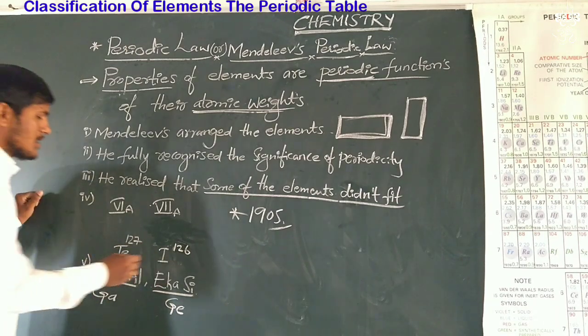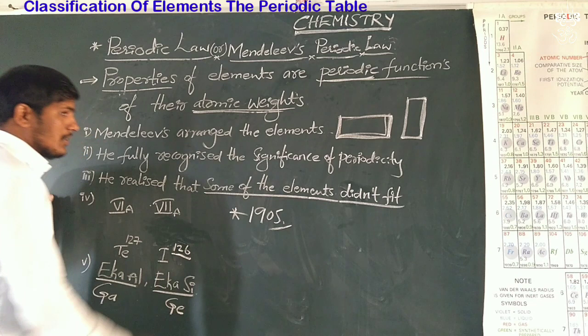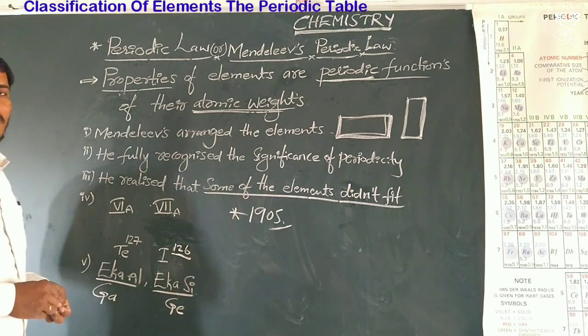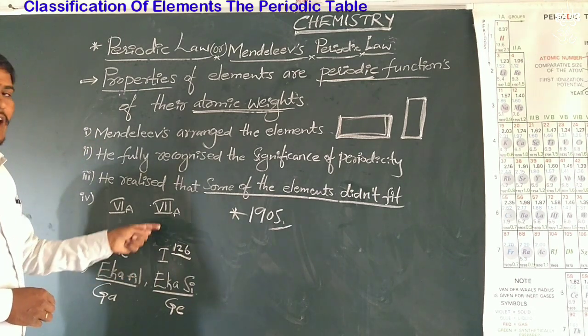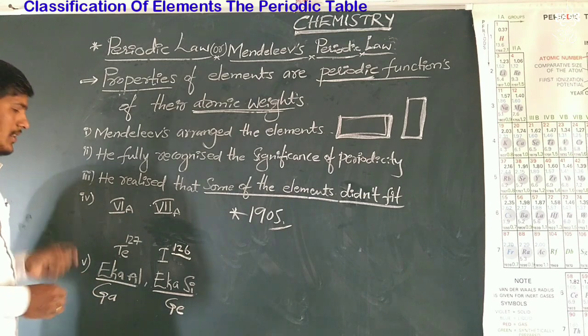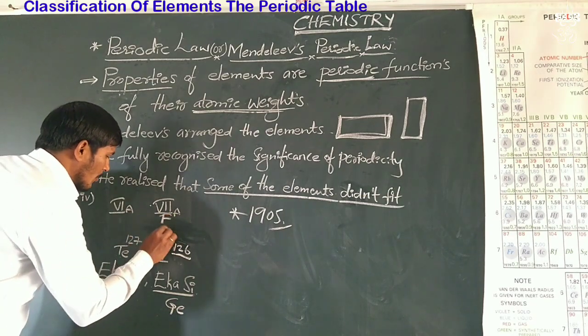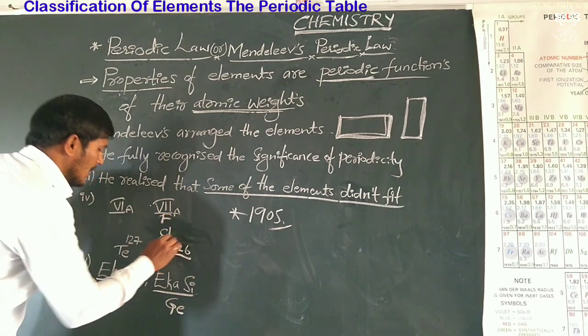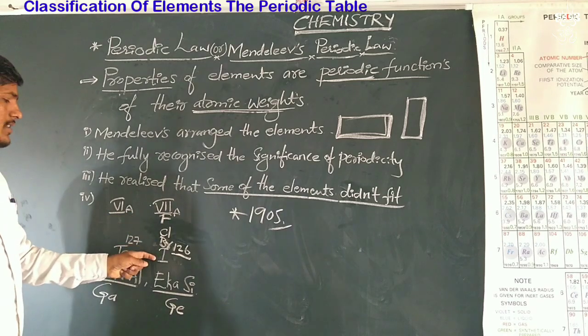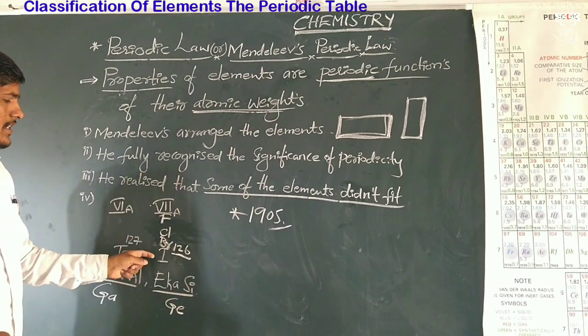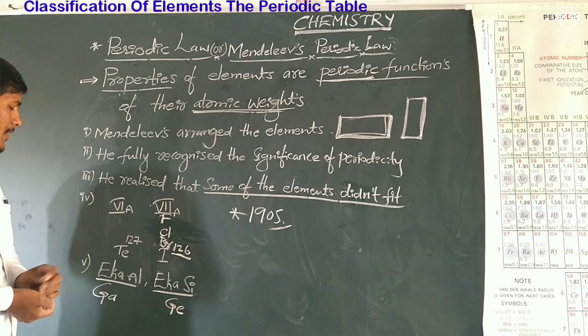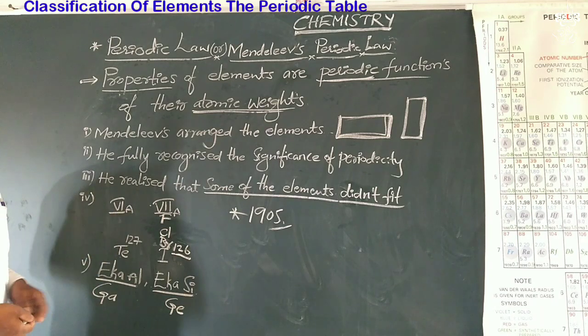But based on their similar properties, iodine is placed along with the halogens, that are fluorine, chlorine, bromine, in the 7th A group, and tellurium is placed in the 6th group.